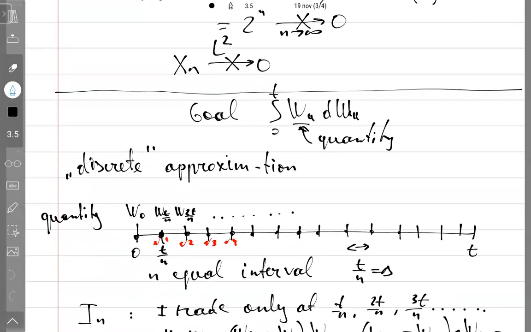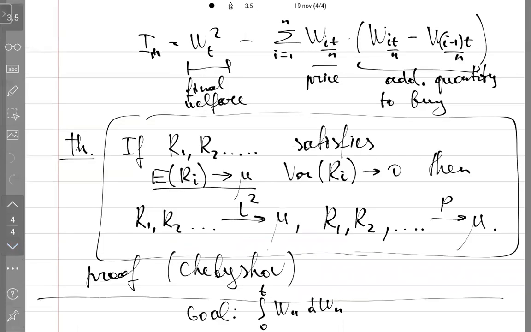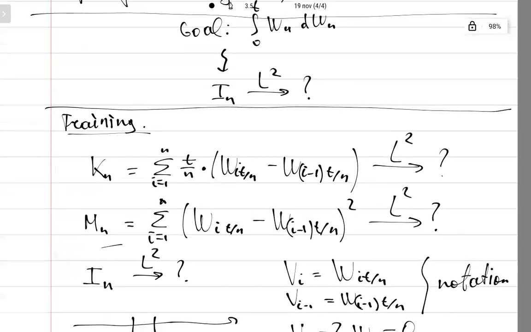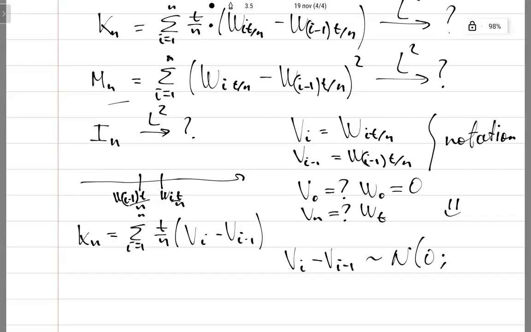So i is the number of an interval, but the time is iT over n. And to calculate the variance of the Wiener process, we need the time and not the number of the interval.